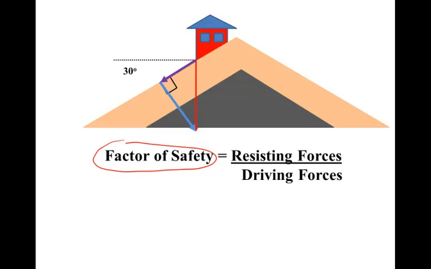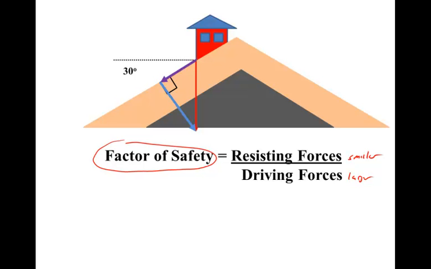But as driving forces increase, resisting forces decrease, this number gets closer to 1, the slope becomes more likely to fail. We would not expect to see a factor of safety less than 1, because that would mean that the driving forces are larger, the resistance forces are smaller. Such a slope would be unstable and wouldn't exist.